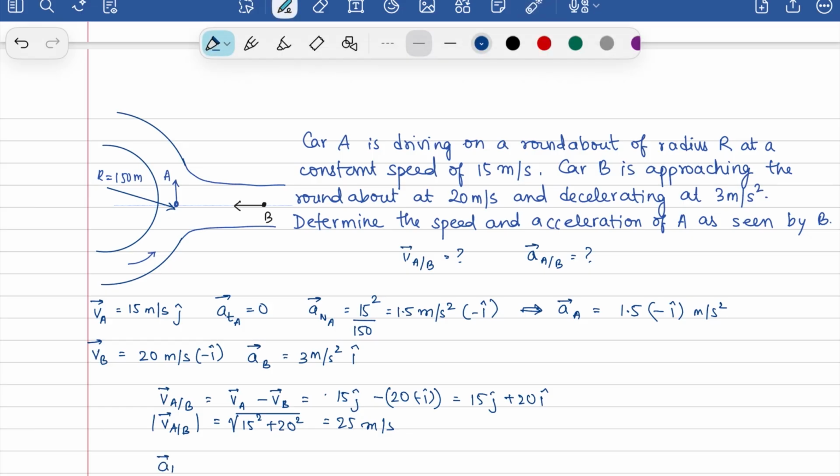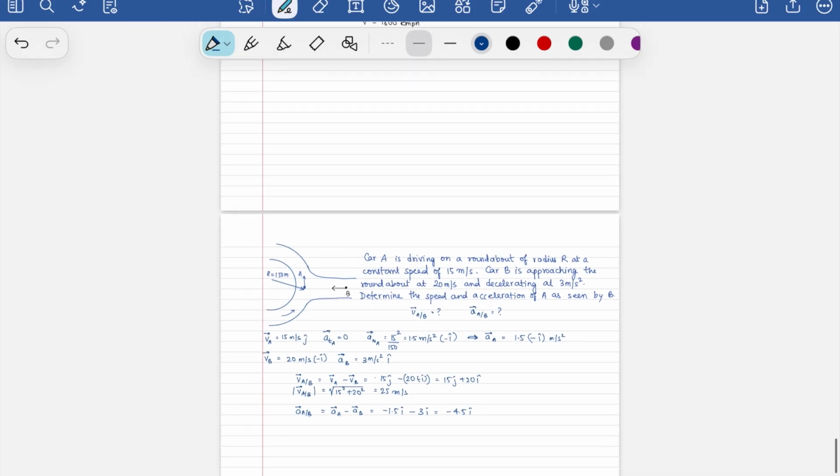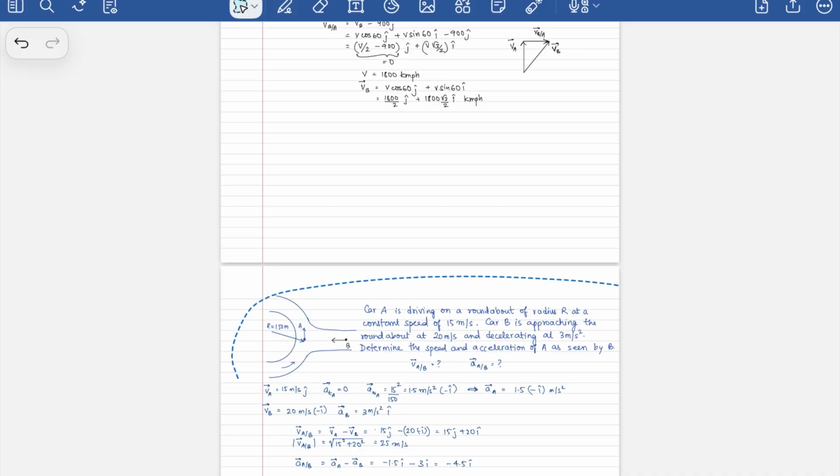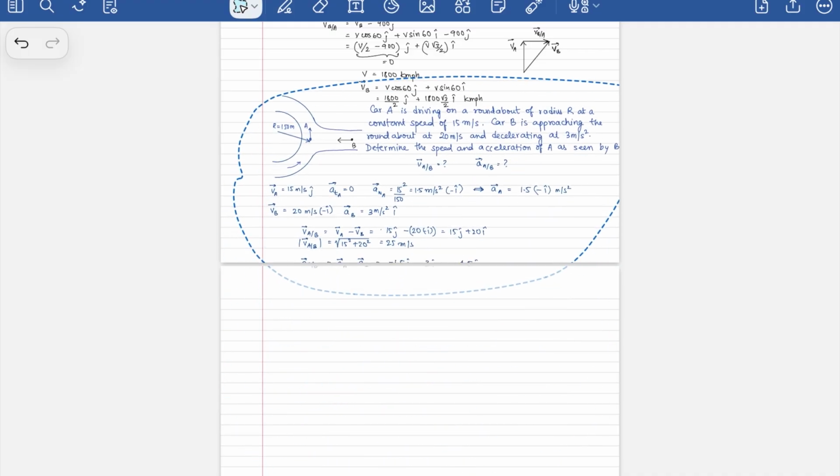So the acceleration of A with respect to B is the acceleration of A minus the acceleration of B, equal to minus 1.5 I hat minus 3 I hat, giving you just minus 4.5 I hat. Okay, so I hope that was reasonably easy to do.